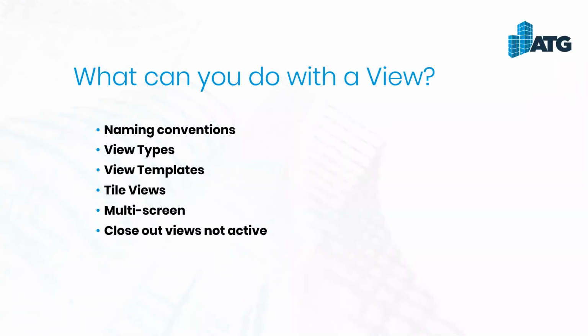Is it a power plan, HVAC, plumbing? Then we can go into the level or specific sub-level, and then possibly a location. And these obviously can be different per company, but those are some of the things that you want to consider when you're naming your views.